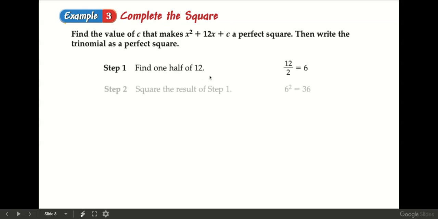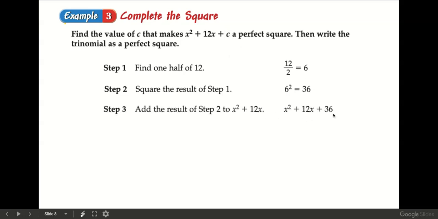So really, that's the constant that I'm looking for here, 6 squared, 36. So 36 should go in for c there. When I write that out, x squared plus 12x plus 36 would be a perfect square trinomial, and the perfect square factor there would be x plus 6 squared.